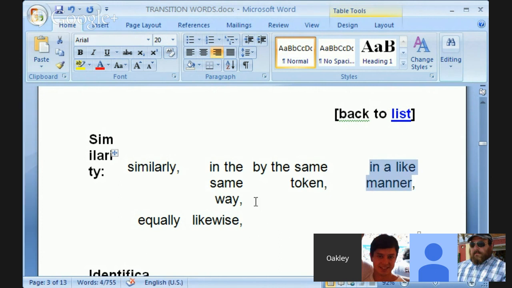Birds lay eggs in the same way that fish lay eggs. Something like that.